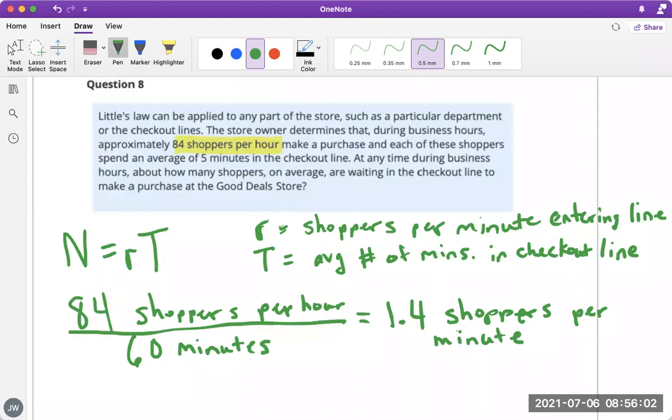Okay, so now we can use our information. Using the given formula, we're going to use R, which is what we found, 1.4. Got that? And then what was our T?